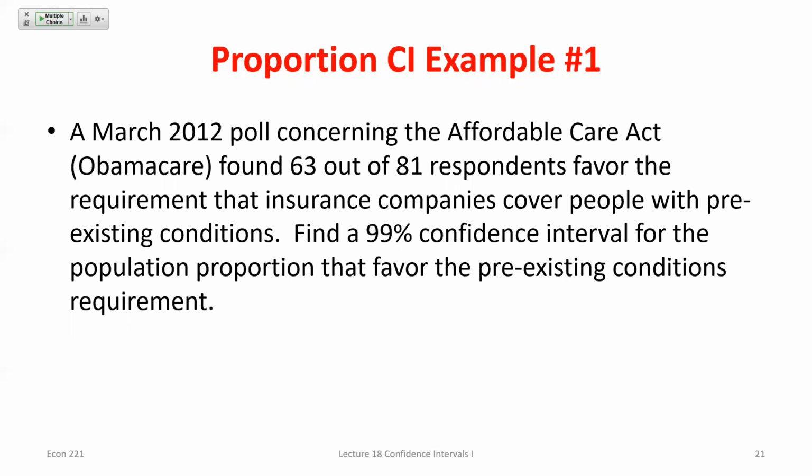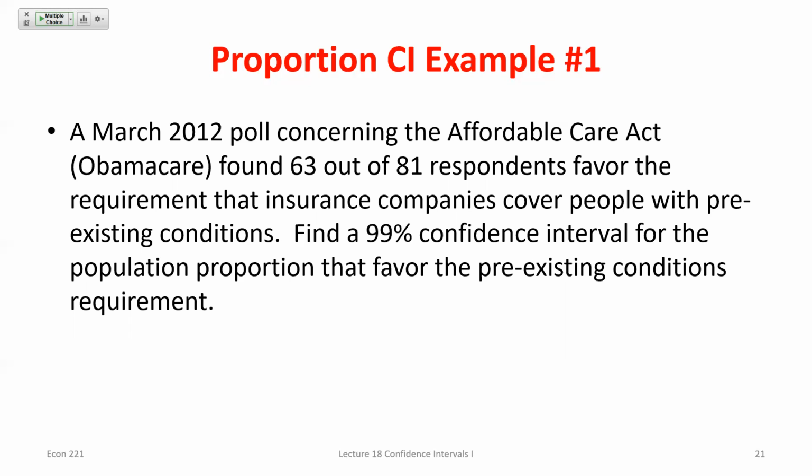So let's say we've got this survey that was done, and it asked people whether or not they were in favor of a healthcare coverage that covered pre-existing conditions. So they polled 81 people, 63 of the 81 said they were in favor of this. Here's where it might be a little bit tricky, identifying my sample proportion.